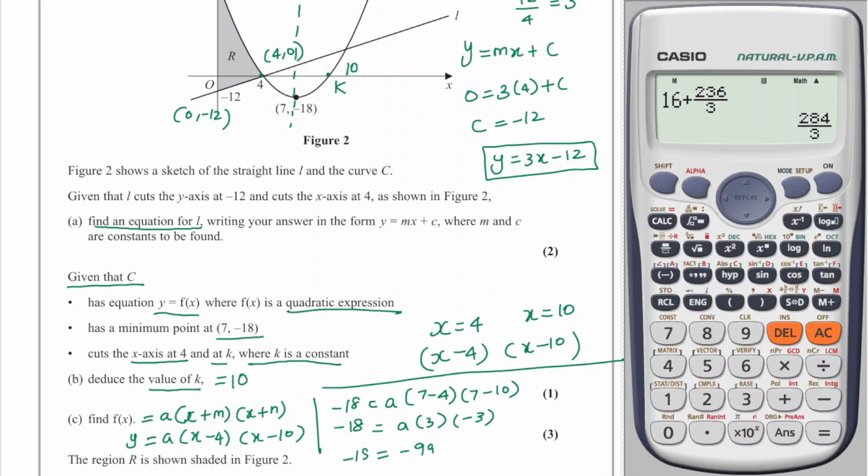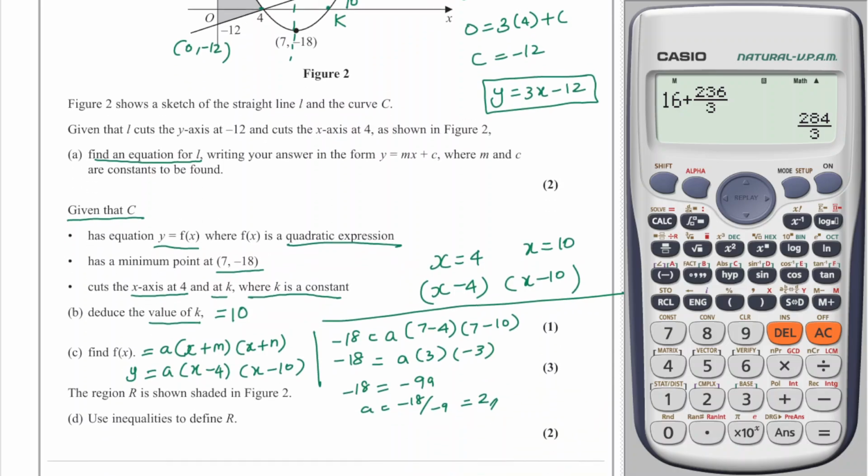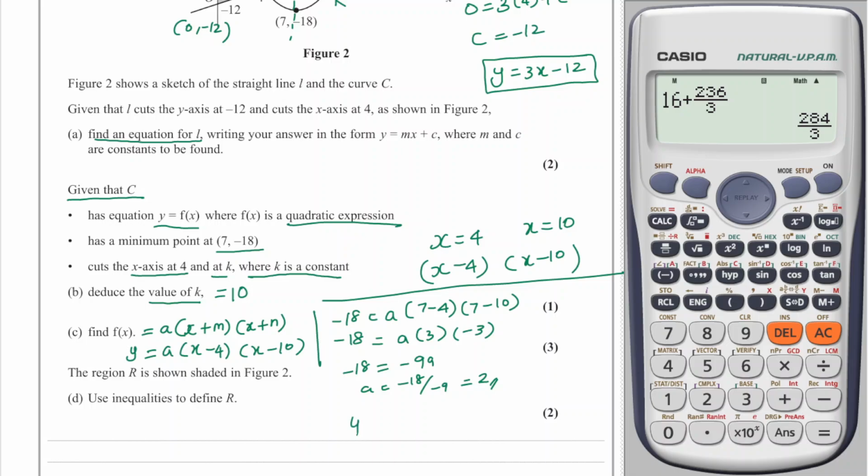So a is equal to minus 18 divided by minus 9, and the value will be 2. Now I can write y is equal to 2 times (x minus 4) times (x minus 10). That is the f of x value. This is the answer for the C part.